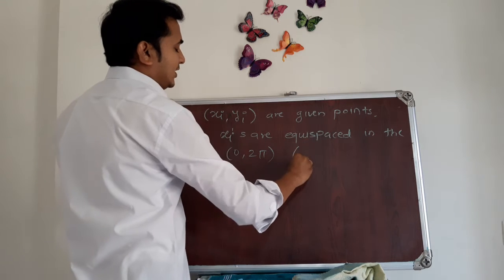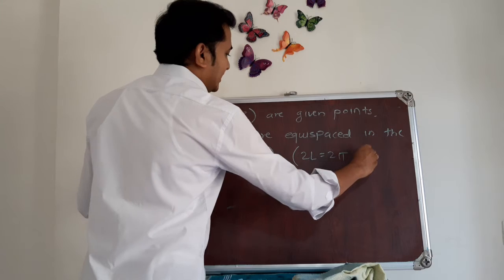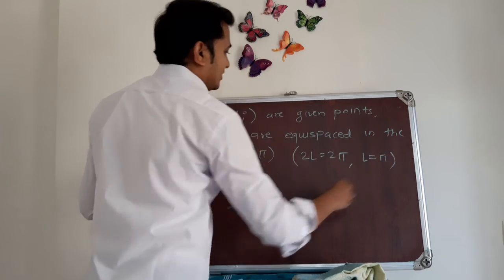Okay, so what I am taking, 2L is 2 pi, that is L is pi. Okay, I am writing it particularly.